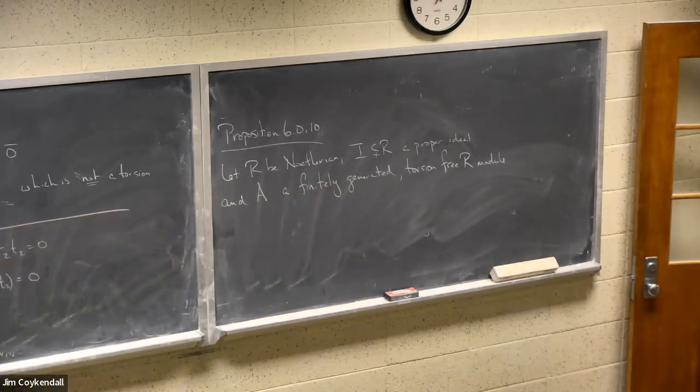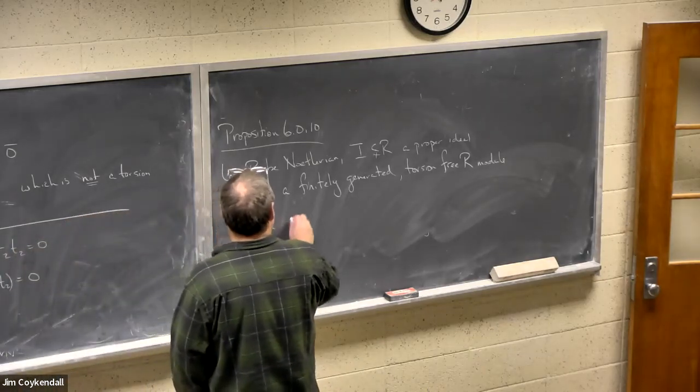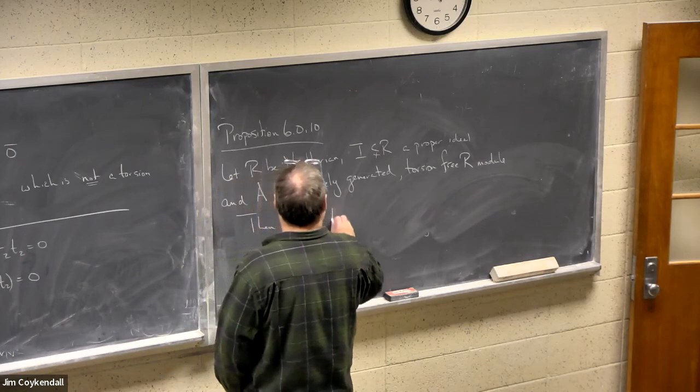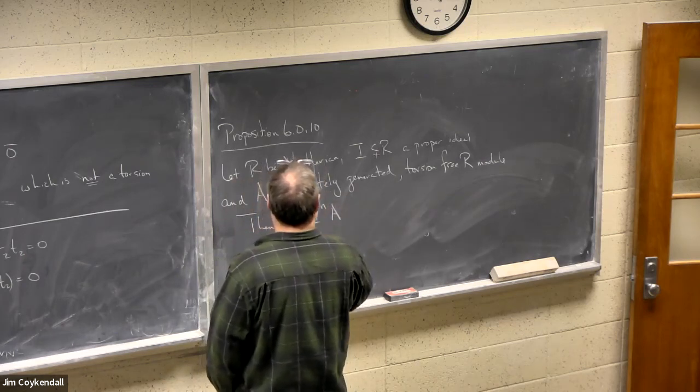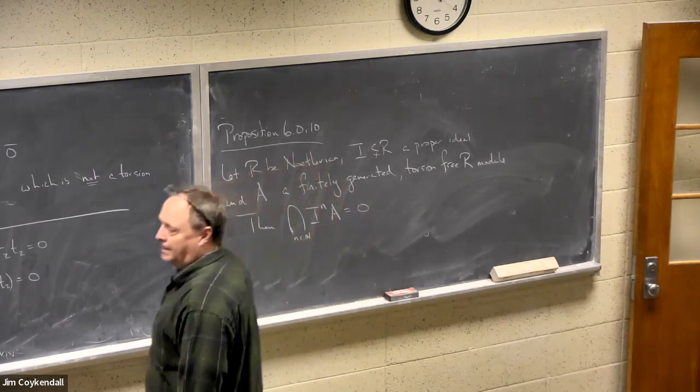We want A to be finitely generated and torsion free. Then the intersection of all of these powers I^n A is zero.